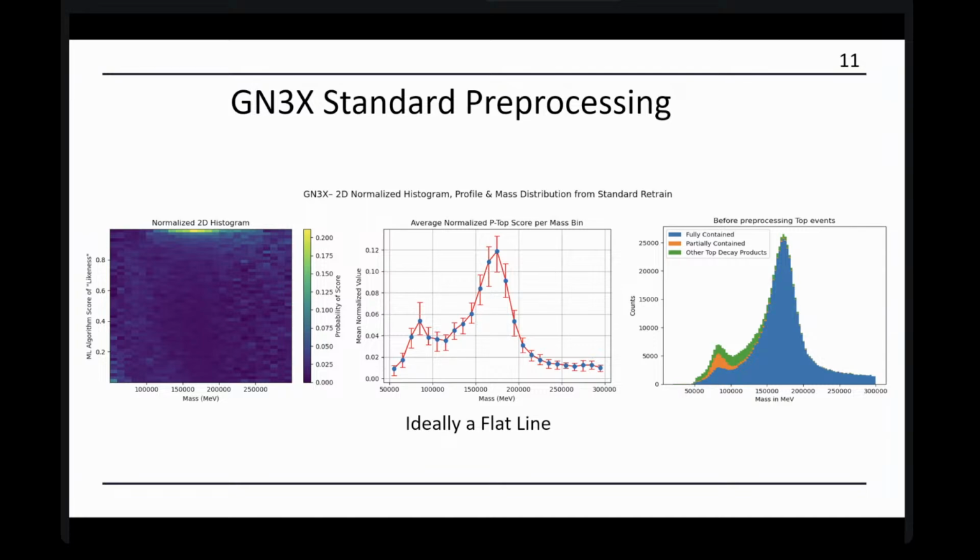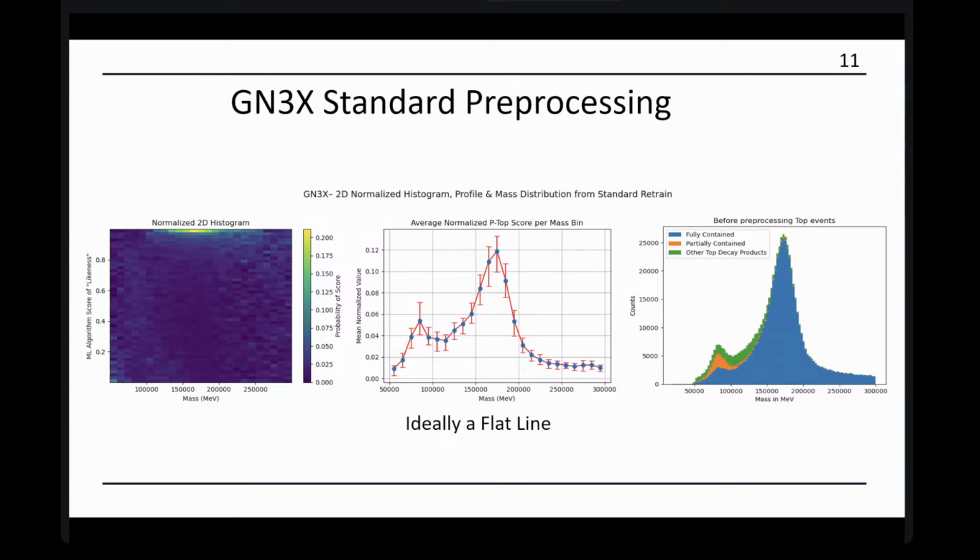Now, if we want to evaluate how it is correlated to mass, we want to make something like this over here, where we have these bins of mass separated, and these all have this column of this score, this ML score. One being, oh yeah, this is the top quark, and 0 being, of course that's not the top quark, what are you talking about? So if you take these mass bins and normalize them, you can get this score, with higher probabilities meaning the score is high, and 0 just being, no, that's not seen.